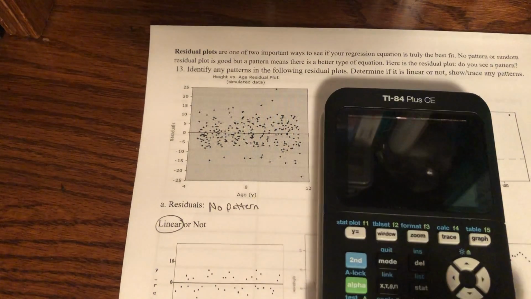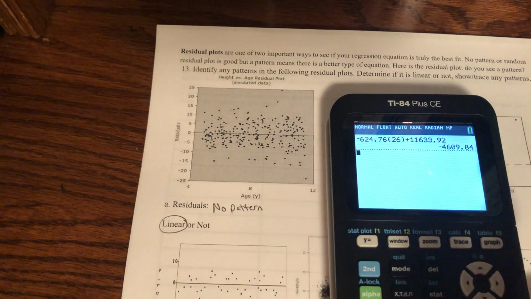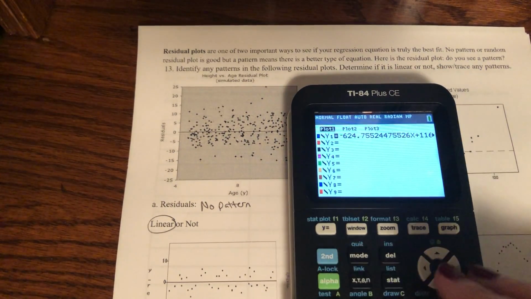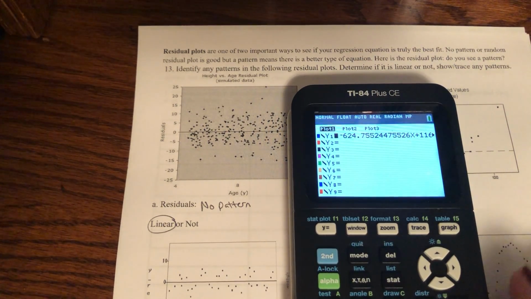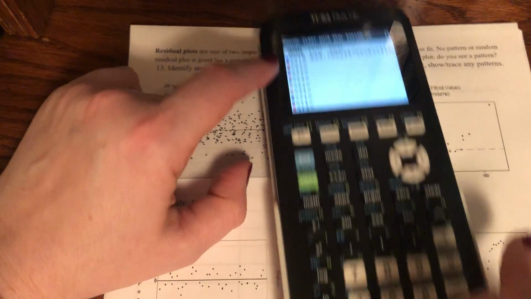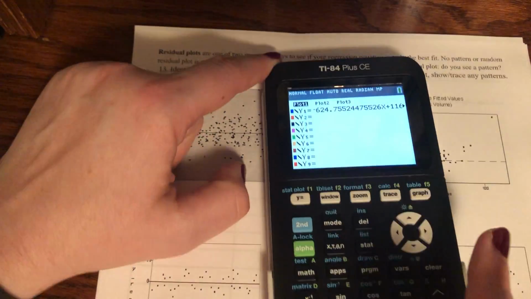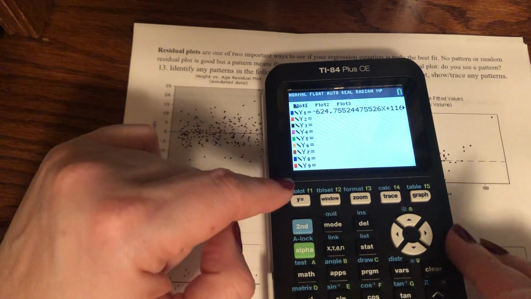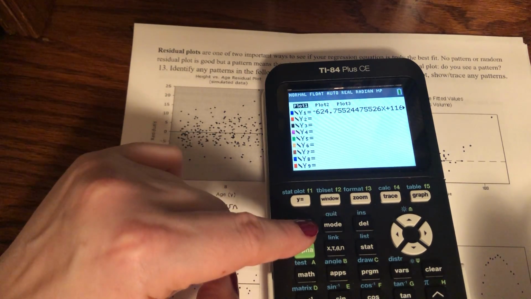All right. And if you have a scatter plot like I was working with previously, let me show you how to get this on the calculator. I'm going to go to my y equals and turn off my equation. If you go to your y equals screen and you hit enter on the equal sign, it'll actually turn it off, so it won't graph this line anymore. Then I'm going to go to my stat plot, second y equals.